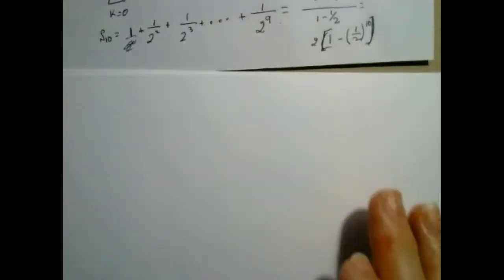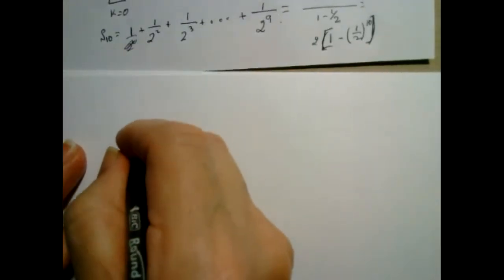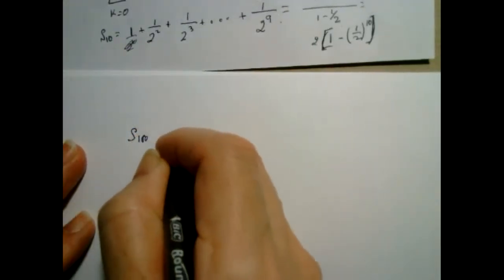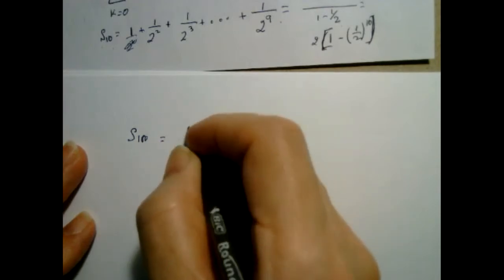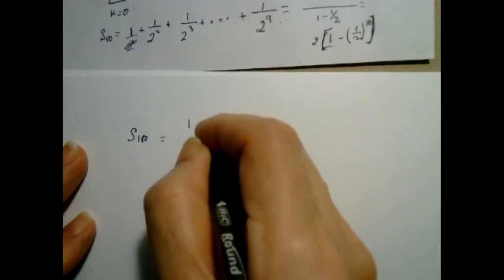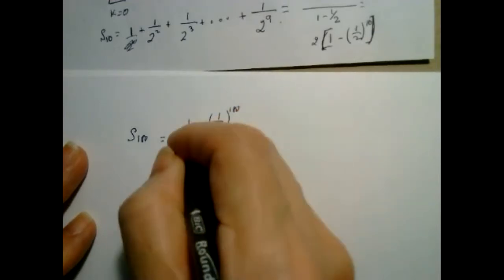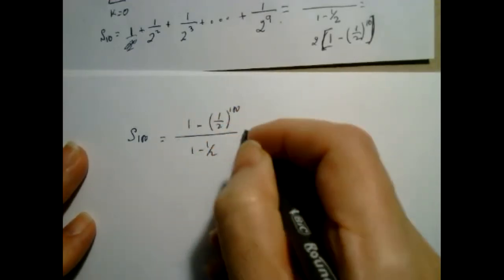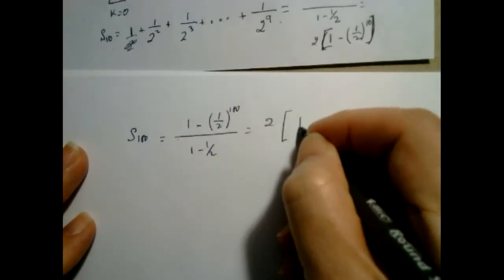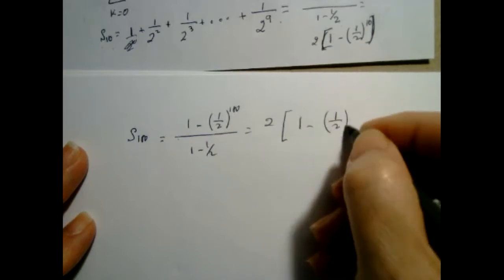Let me write what I'm saying. Suppose I compute the first 100 terms for the same series. The formula tells me you're going to get the first term times 1 minus a half to the power 100 over 1 minus a half. It means 2 times 1 minus that to the power 100.